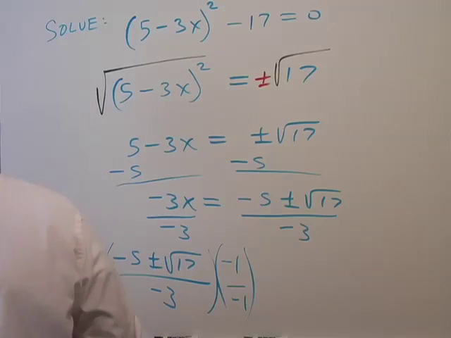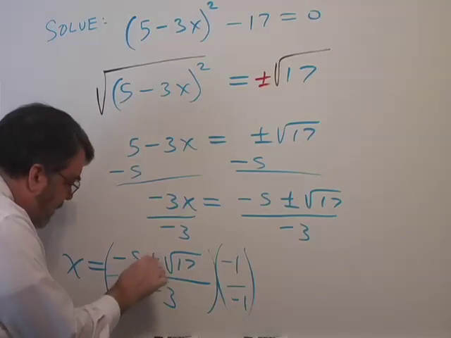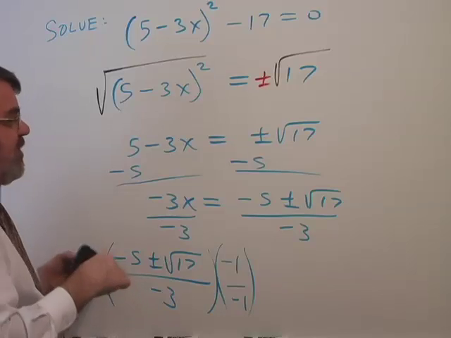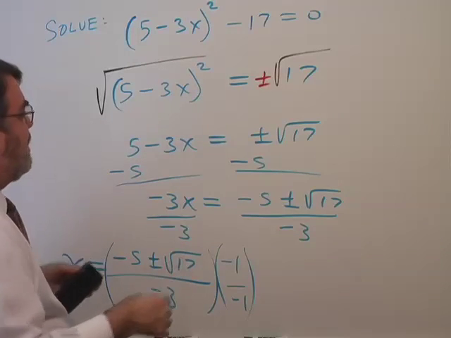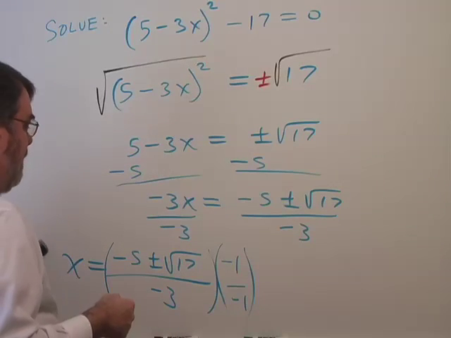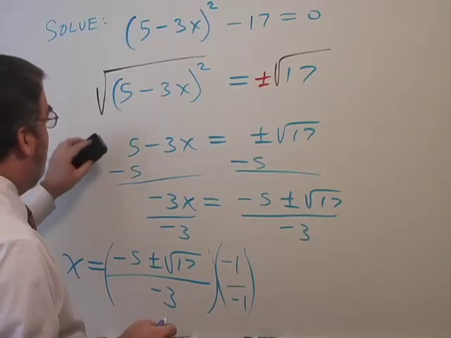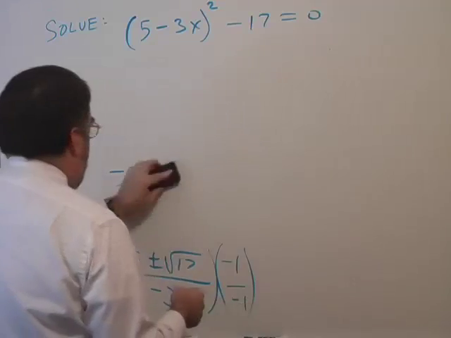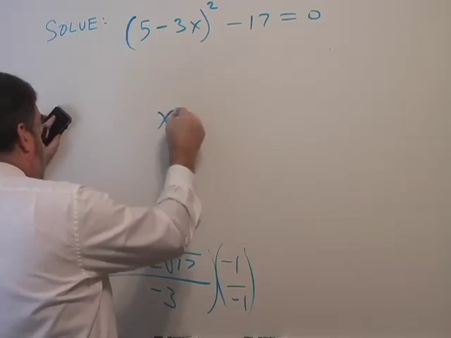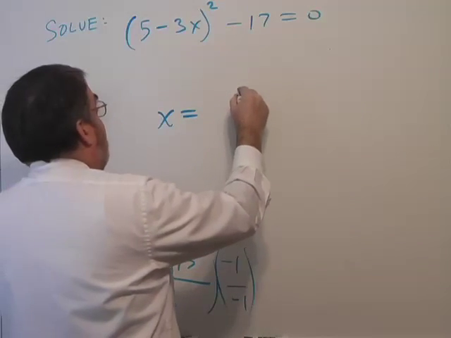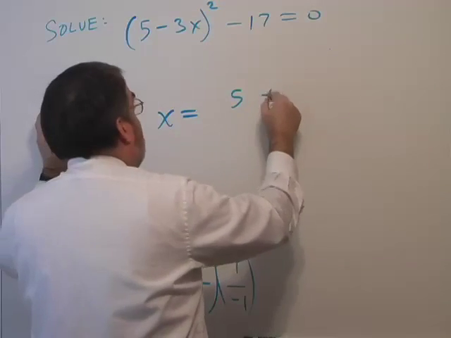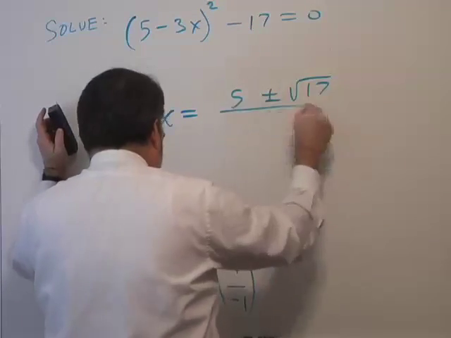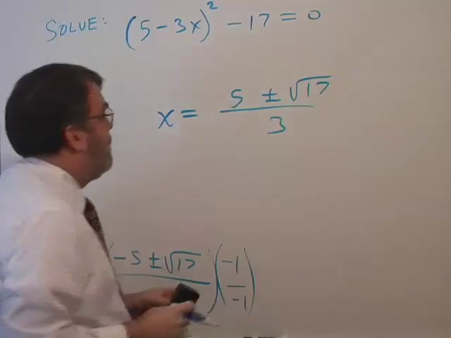The negative won't affect the plus or minus, because that just flips the pluses and the minuses. And so we could write our final answer this way. X equals positive 5 plus or minus the square root of 17 over positive 3.